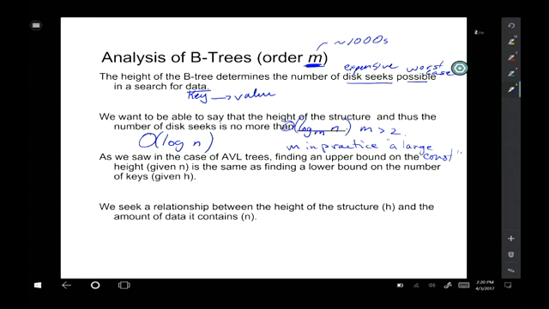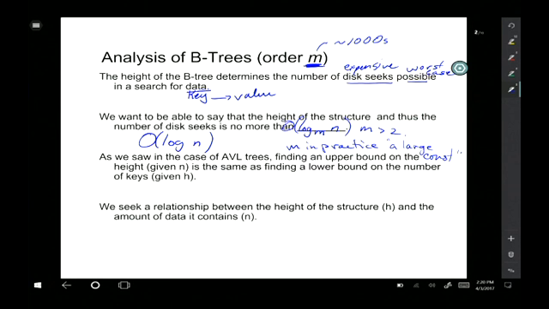Okay, as we saw in the case of AVL trees, finding an upper bound on the height, that is the worst case behavior of an algorithm that navigates the height, is the very same thing as finding a lower bound on the number of nodes you can throw in such a structure given its height.